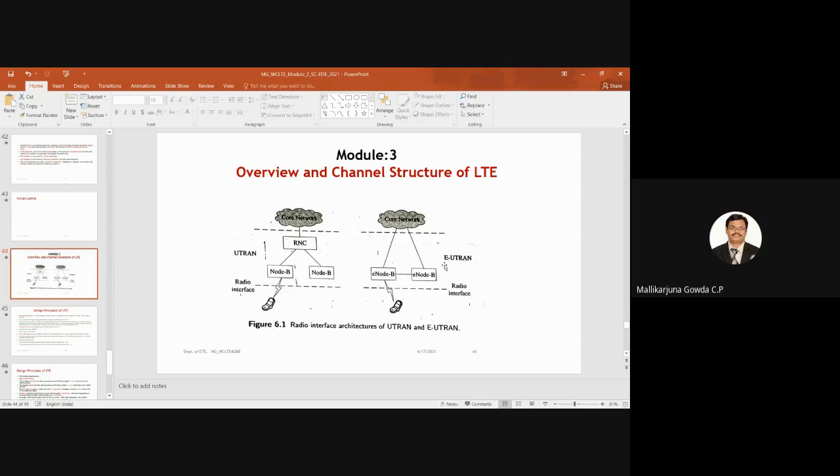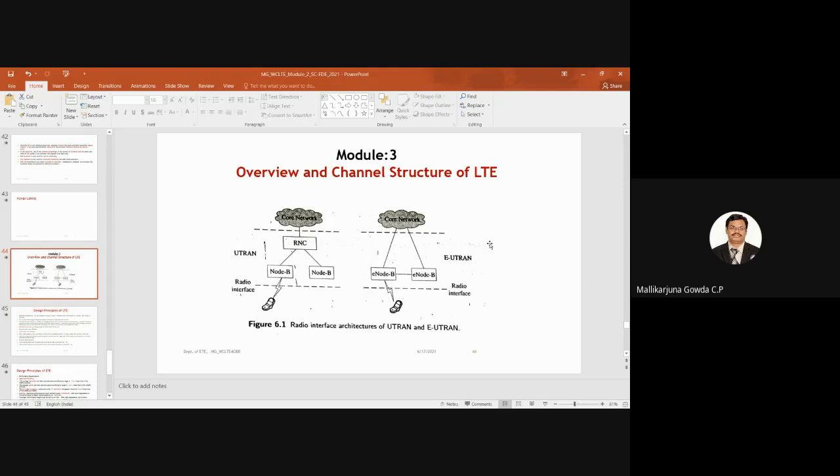That is why we call LTE a packet switched network from end to end, and it has no support for circuit switched services. I hope you all understand what circuit switching and packet switching mean.